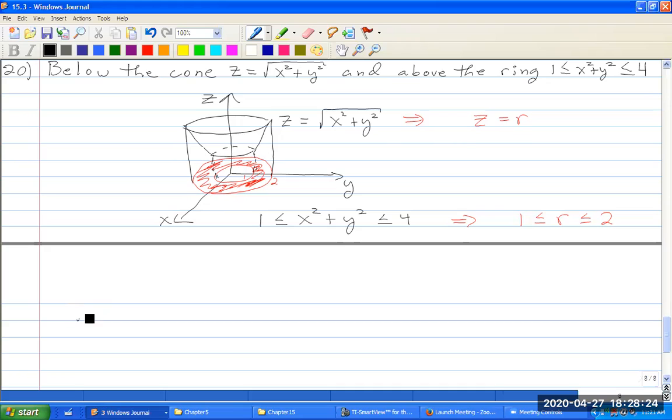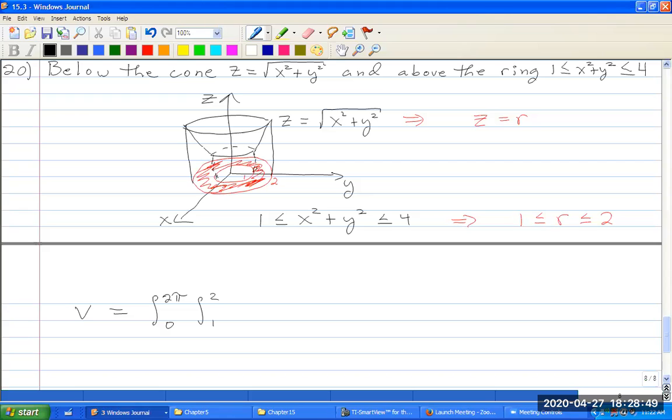So the volume of this is going to be, well, theta just goes between 0 and 2 pi, my angle. My radius r goes between 1 and 2.